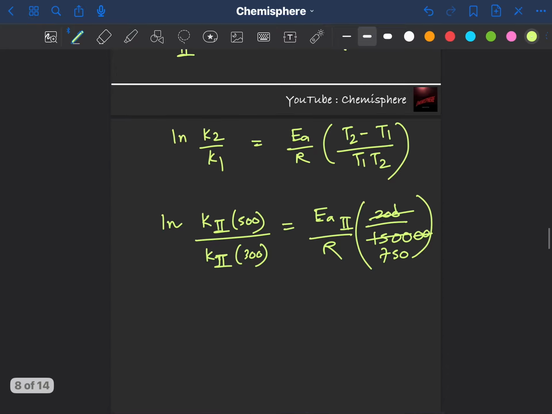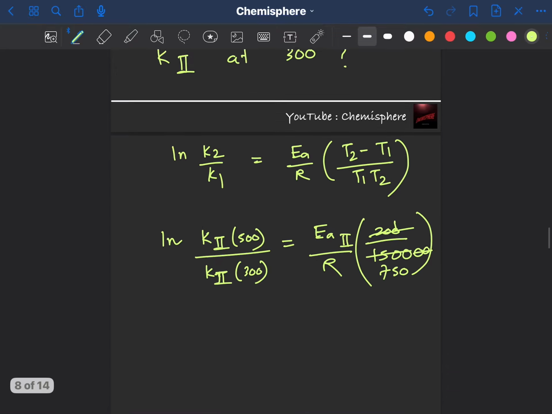And we know that the rate constant of reaction 2 at 500 is ln2, so I will write it down here: ln2 divided by K2 at 300.